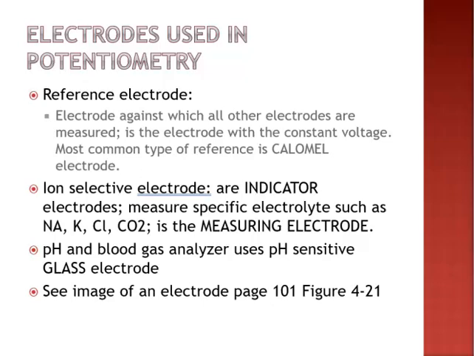Then there's the ion selective electrode, or the ISE, that we talked about when we covered our electrolyte unit. This is an indicator electrode. It measures specific electrolytes such as sodium, potassium, chloride, and CO2. It is a measuring electrode. And then finally, pH and blood gas analyzers use a pH-sensitive glass electrode.